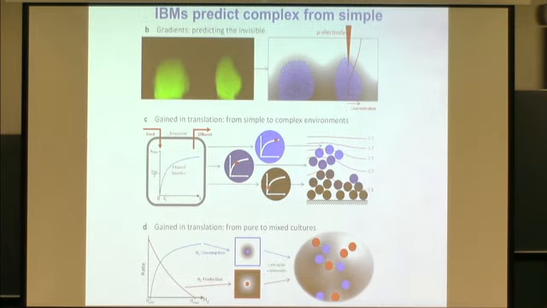Okay, so a few things that you can do with individual-based models. First of all, here in this case, this is an image of a flow cell biofilm, and you can use this image to generate an individual-based model that has the same biofilm structure, and then using known kinetics of the substrate consumption of this organism, you can recreate in the model the spatial concentration gradients.